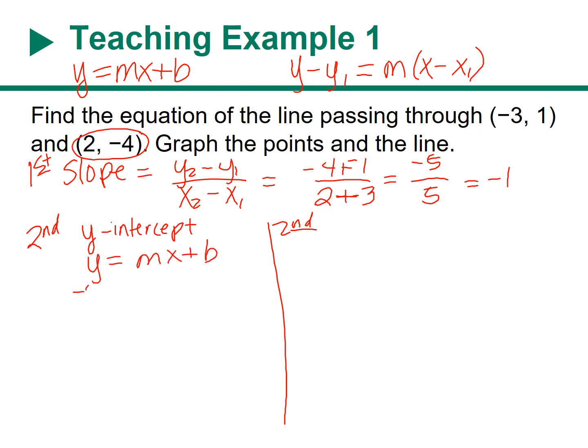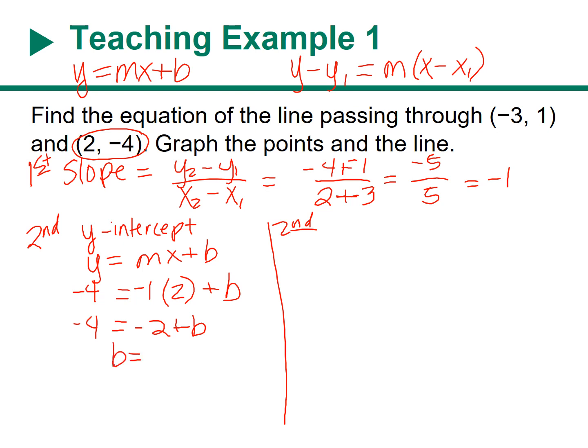So here, we're doing y equals mx plus b. Y is -4, m is -1, and x is 2, plus b. I end up with -4 equals -2 plus b. So what must b equal? -2.